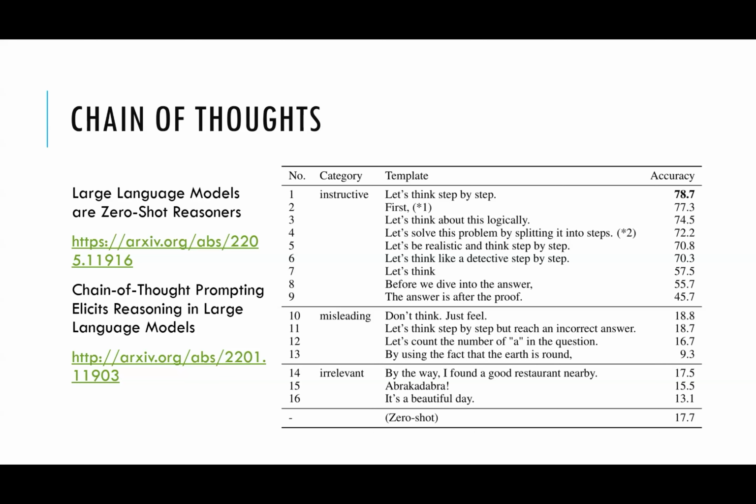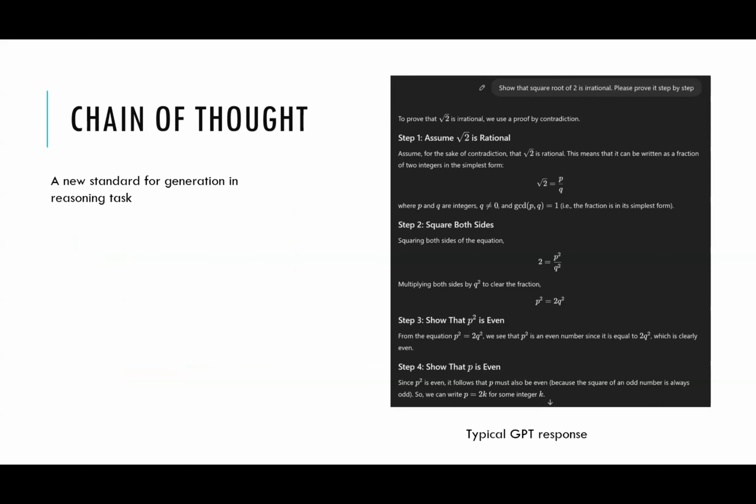So this is a work from 2021, I think. Now this chain of thought has actually become a standard for aligning the latest large language models, which means whatever large language model you are prompting nowadays, it will automatically output in a step-by-step way, because everyone finds that this is very useful.